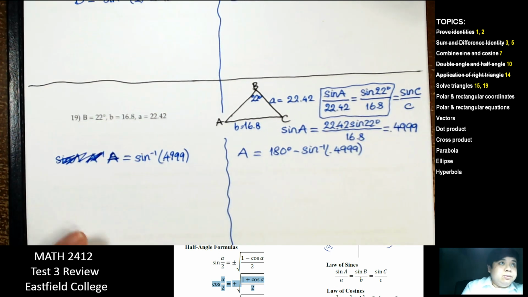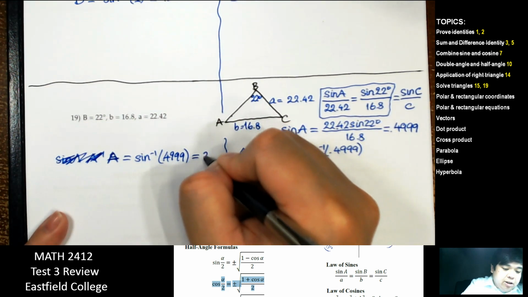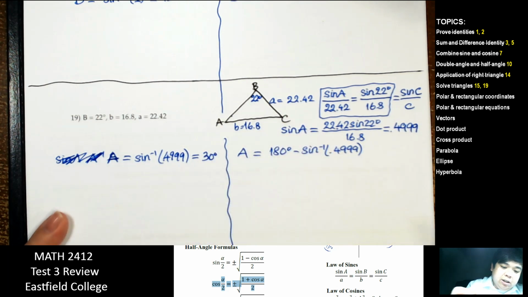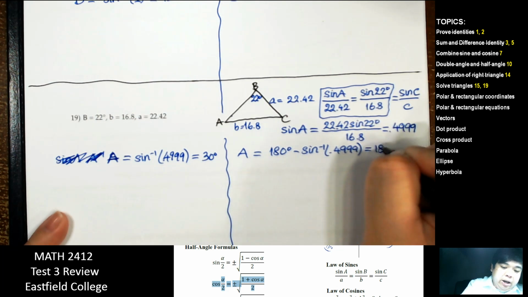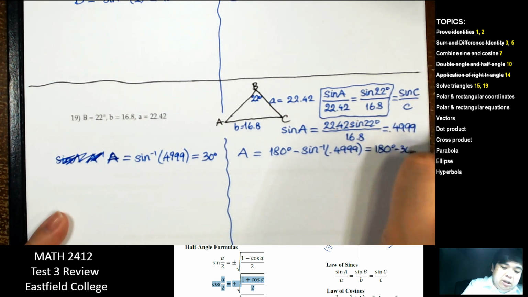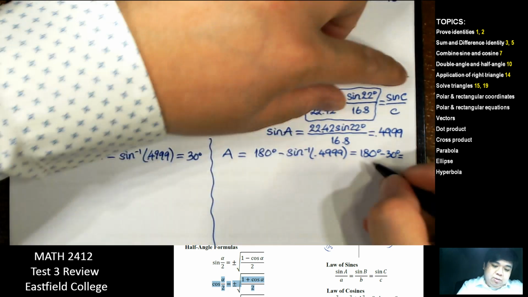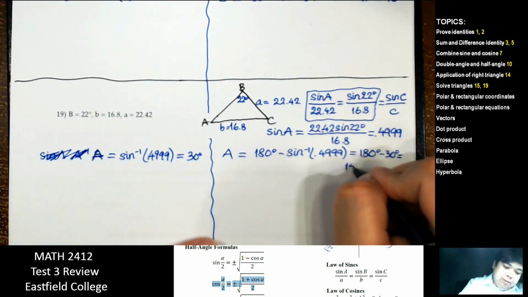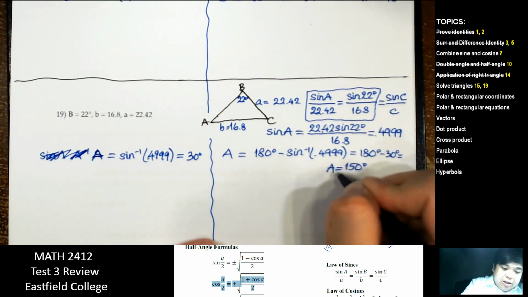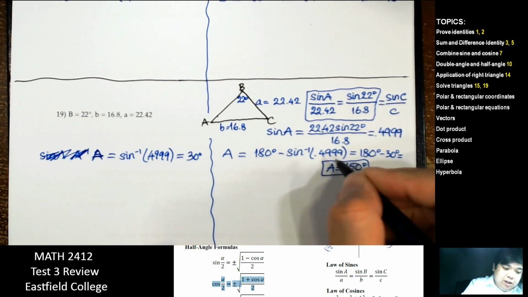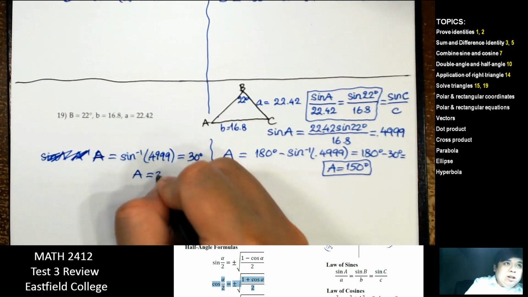This I have 30 degrees, and this is 180 minus 30, it's 150 degrees. So we have two cases. One is 150 and the other one is 30.